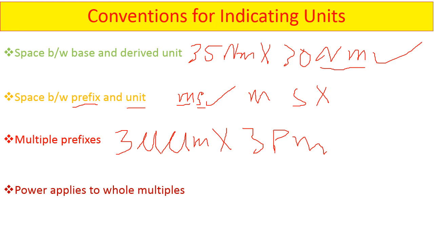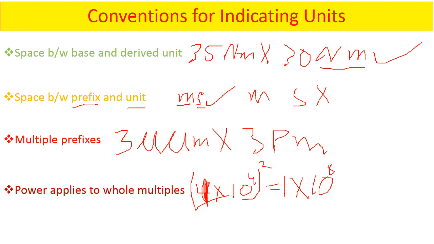If we write this, 4 multiplied by 10 raised to the power 4 whole squared, then we write it as 1 multiplied by 10 raised to the power 8.